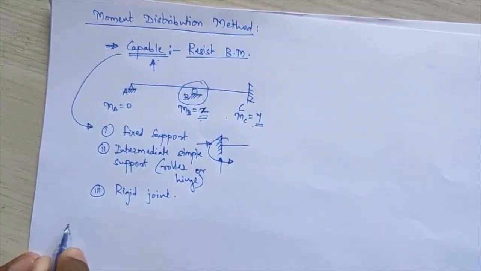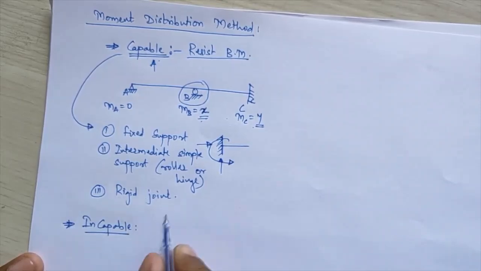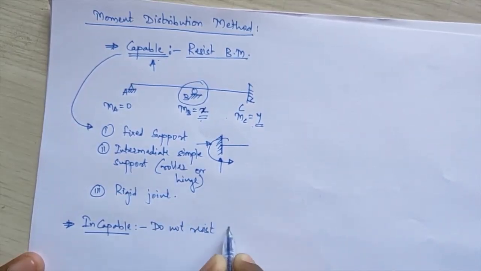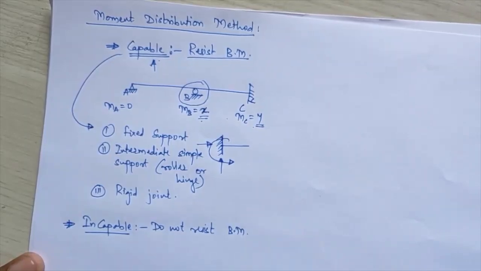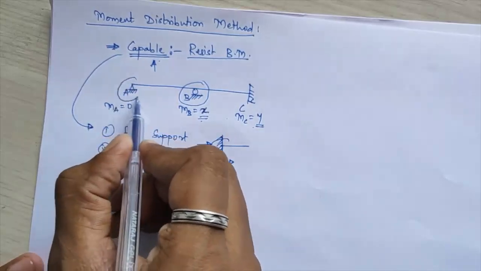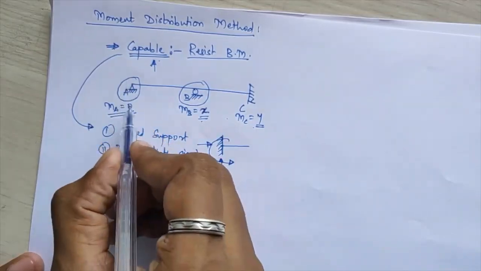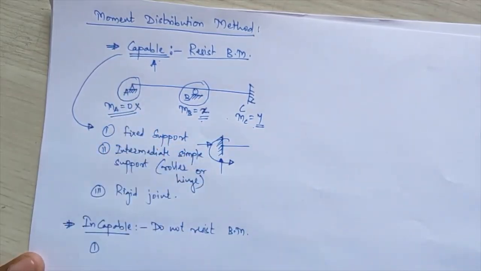Secondly, the second type of support is the incapable support. What is an incapable support? It is one which cannot resist the bending moment. Such types of supports are classified as incapable supports. If you see the support here, it gives a bending moment equal to 0, which means it is incapable of resisting the bending moment.